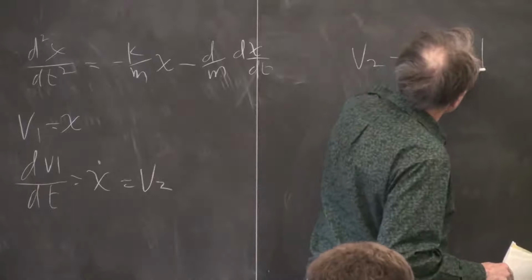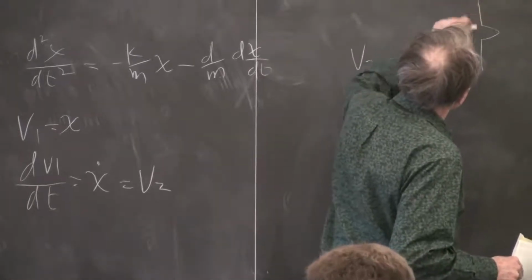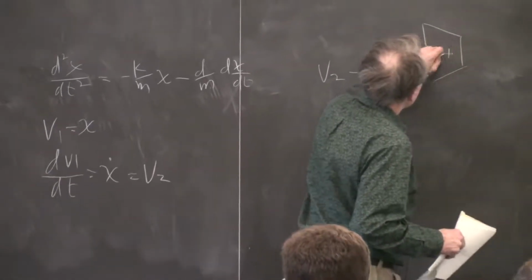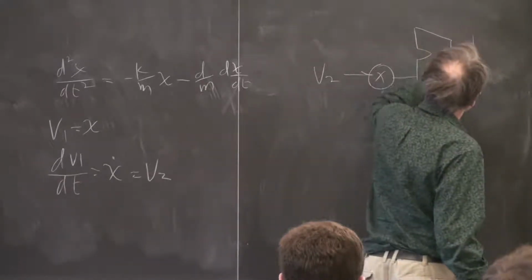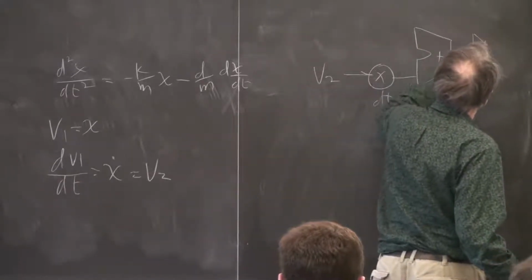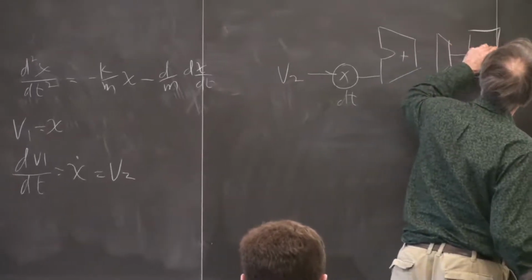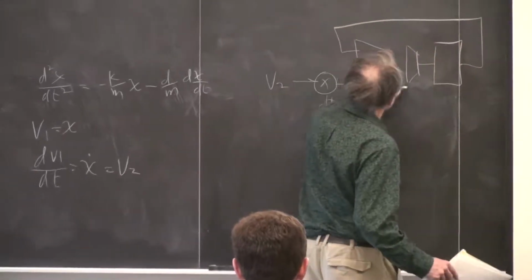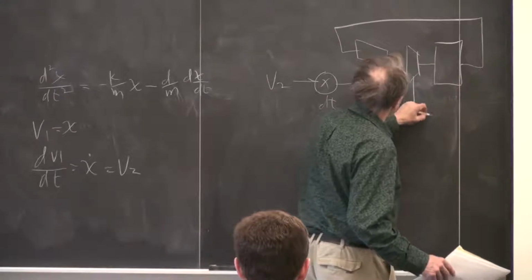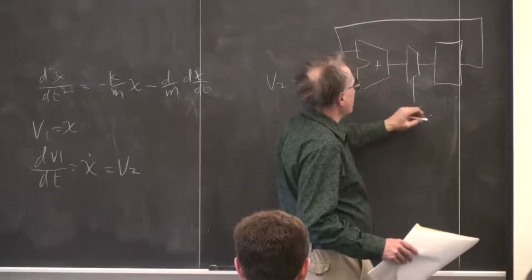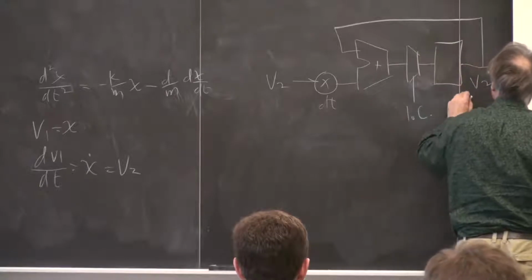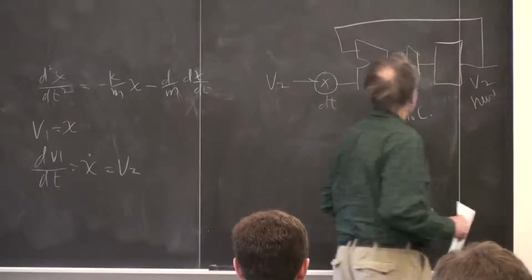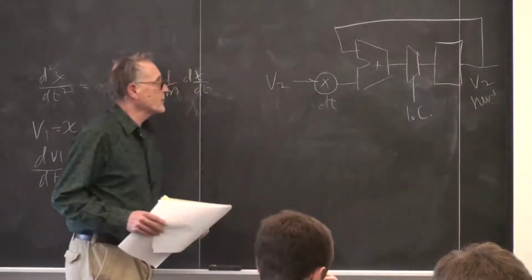And then we're going to add this against a register, but we're going to mux it so that we can choose an initial condition or the output of the adder, so that V2 new will be here after every time step.